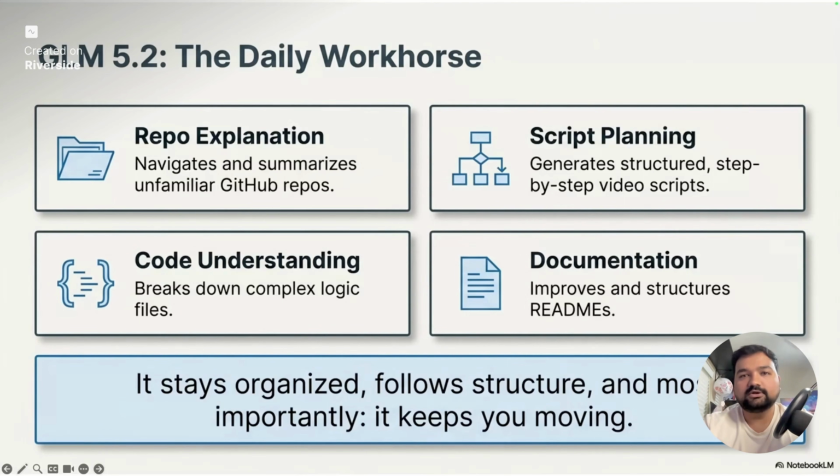It helps with code understanding: if a file feels confusing, it can break down the logic in simple language. It is also useful for documentation, and it can improve README files, create project notes, and organize technical explanations.